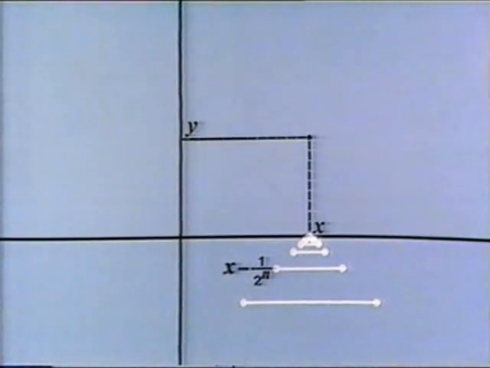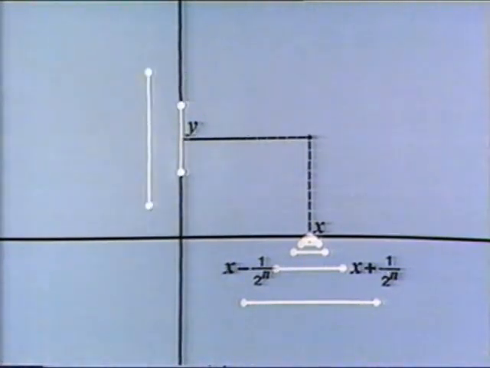Here's the nest we're going to use. We're going to take a nest of intervals converging to x. A typical interval is of the form x minus 1 over 2 to the n to x plus 1 over 2 to the n. Then we take the product of this nest with a similar nest of intervals converging to y.